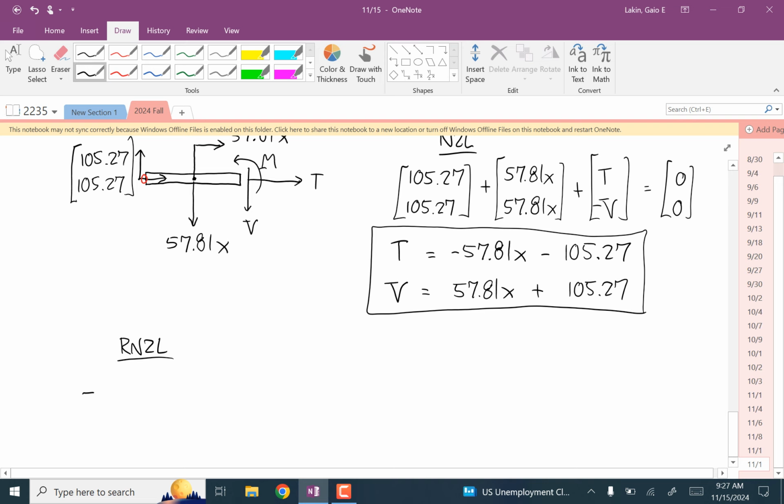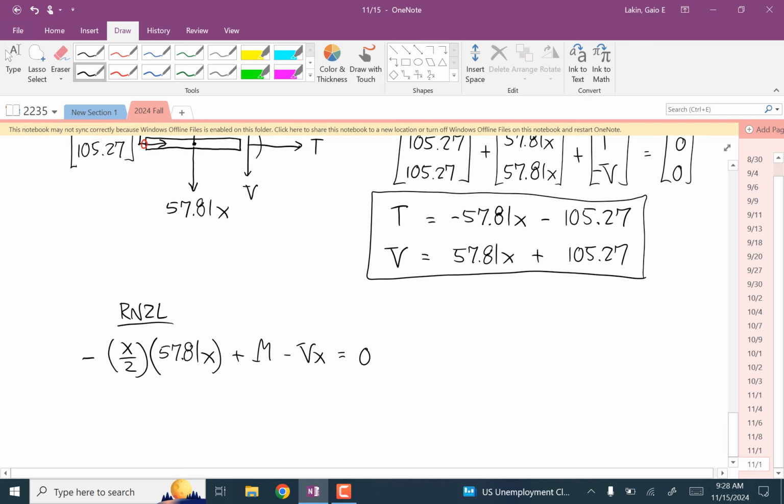So this is negative with a moment arm of x over 2 and a force magnitude of 57.81 x. And then we have plus m minus vx is equal to 0. It's always plus m minus vx, unless you work from the other end, which I never do, but that's always an option you have.